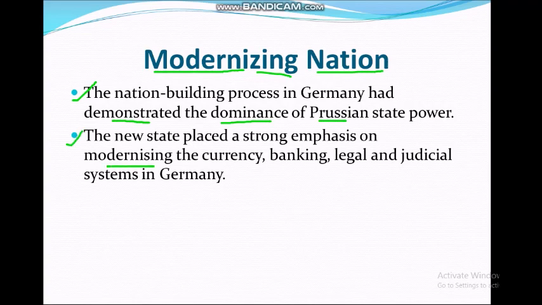The newly formed state brought a modernized currency, and also banking and a legal and judicial system. In this way the modern system was brought to Germany, but always the Prussian model, where Prussian practices worked as a model in the development of Germany. In this way, Germany was modernized and unified.